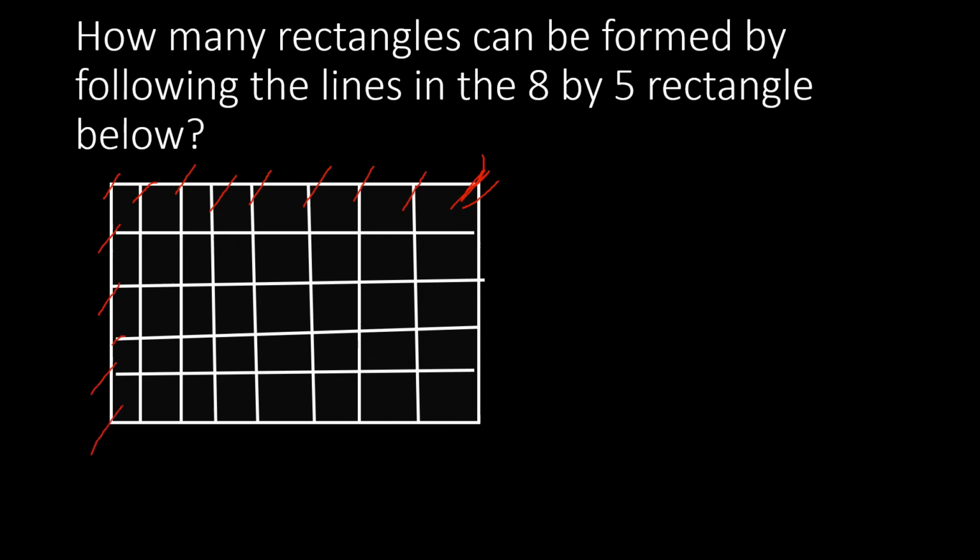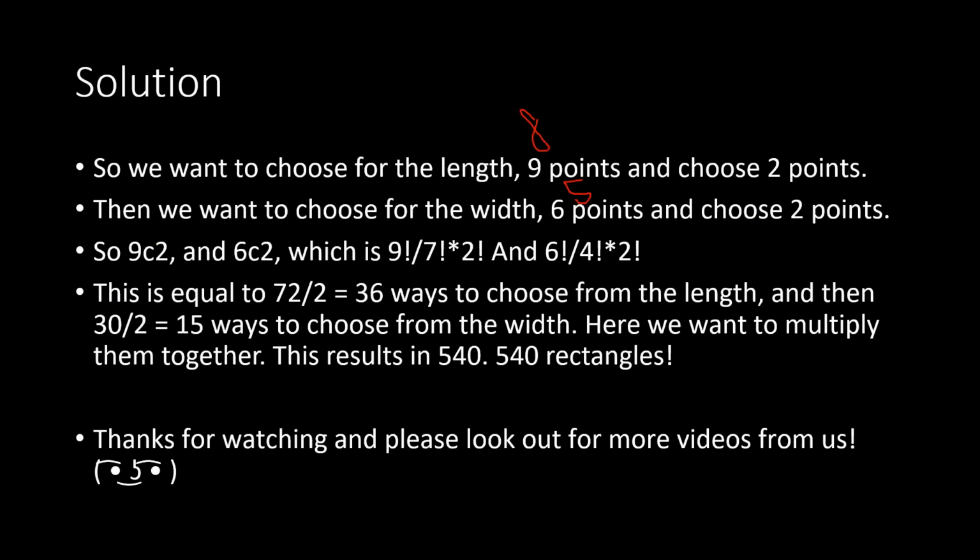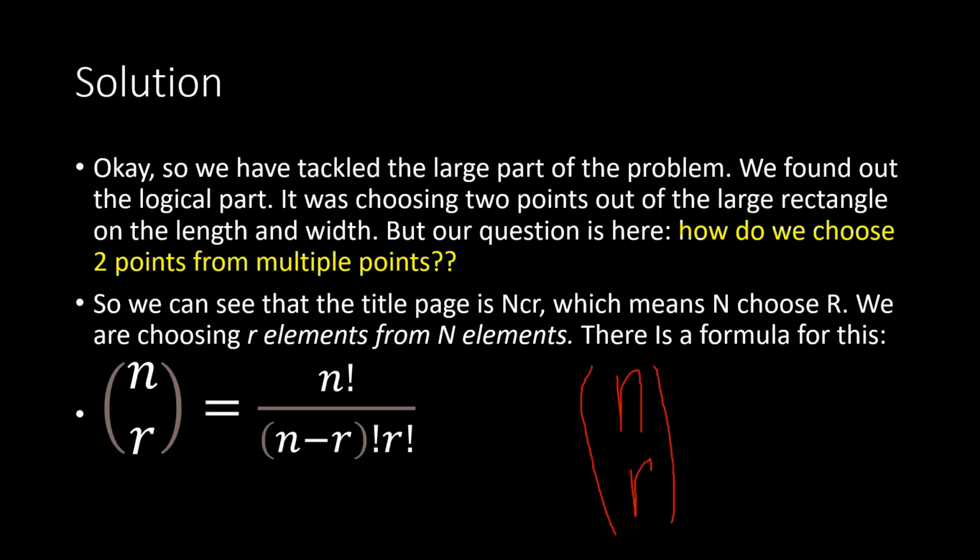Oops, let me erase all the ink. So this is actually not the 8 and 5, it's 9 and 6, so be careful with that. So 9C2 and 6C2, which is 9 factorial divided by 7 factorial times 2 factorial, and 6 factorial over 4 factorial times 2 factorial.